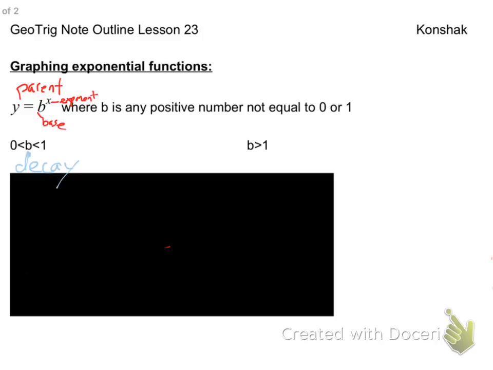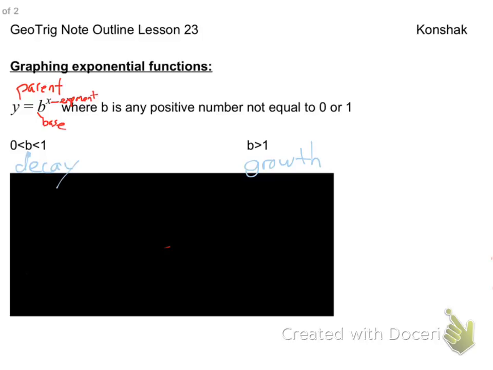If the base is bigger than 1, I am going to call that exponential growth. Take, for instance, 2. 2 squared is 4. 2 to the third power, 8. 2 to the fourth power, 16. It keeps getting larger and larger.